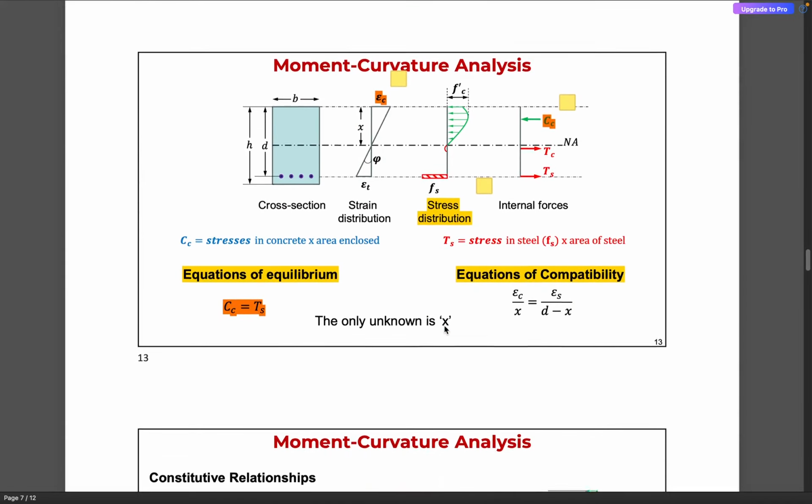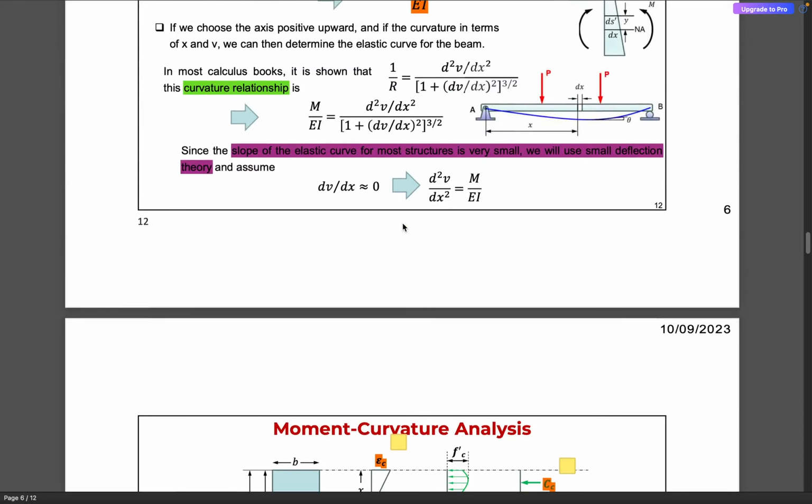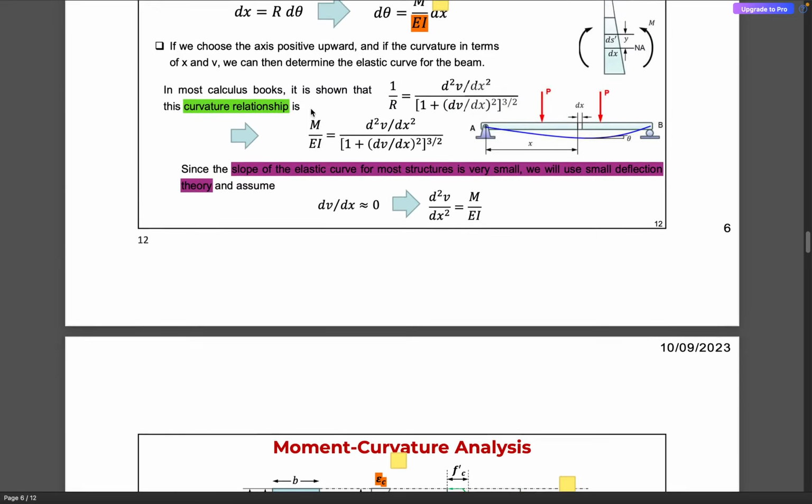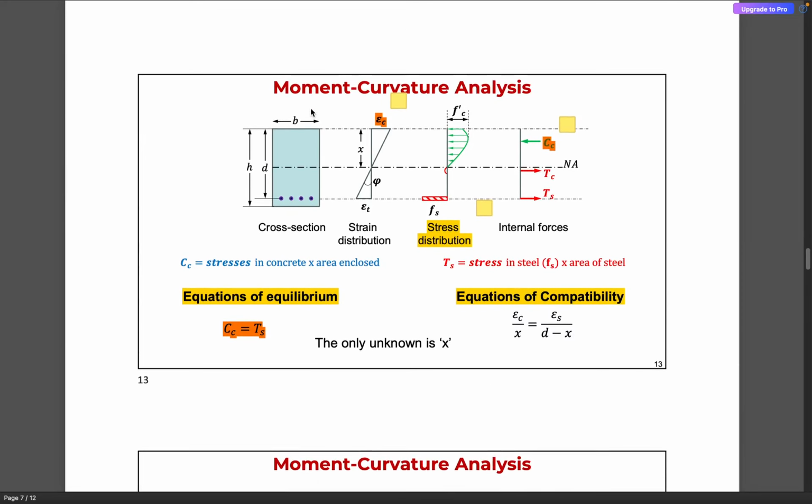Moving forward, after we establish the relation between the curvature, the strain in the beam and the bending moment, we are going to perform the moment curvature analysis. So what does the moment curvature analysis mean?